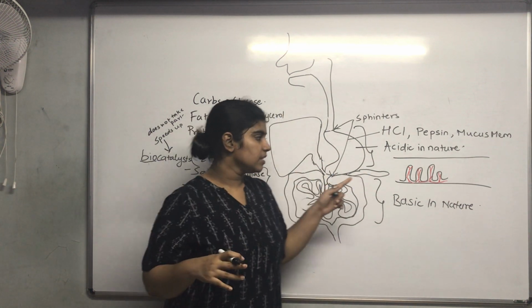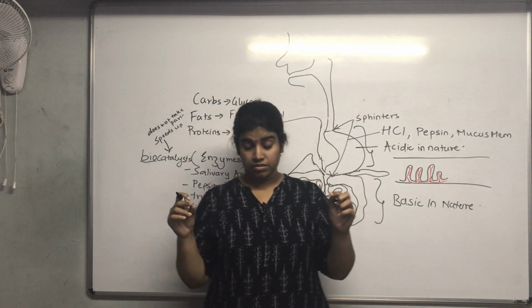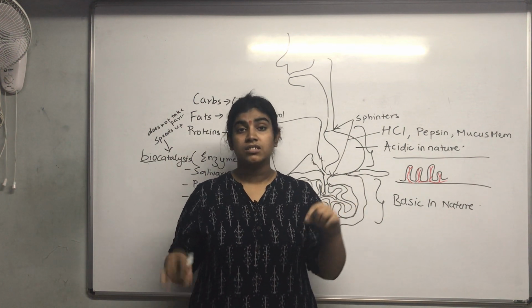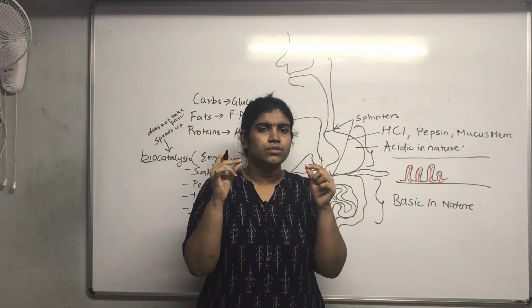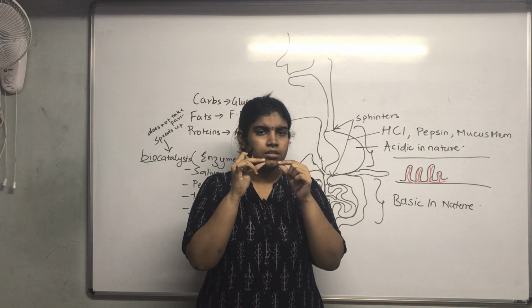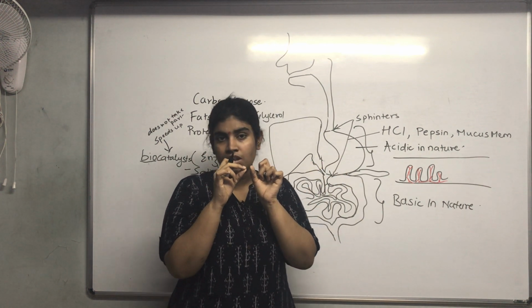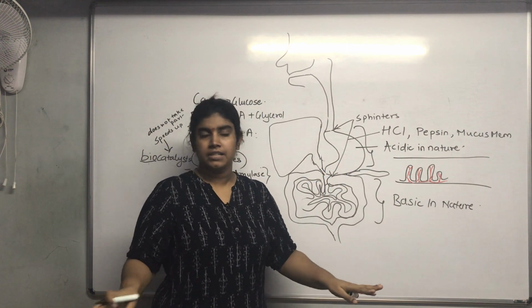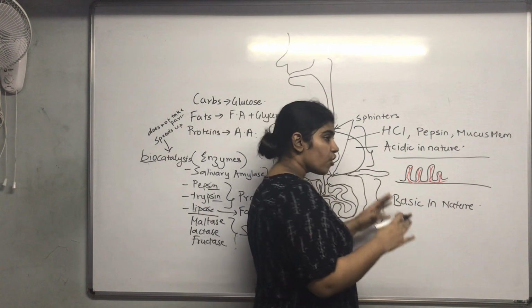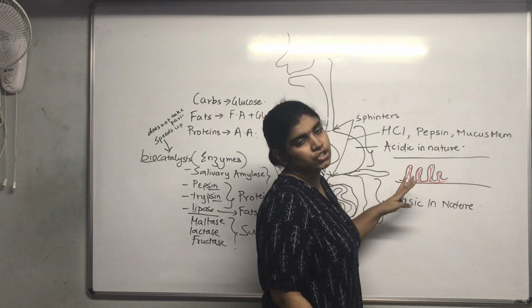Fine. So similarly, if you fold a rubber band, supposing the rubber band is this length, it will become narrow. But the surface area of the rubber band remains the same. Similarly, now what is the function of the villi?